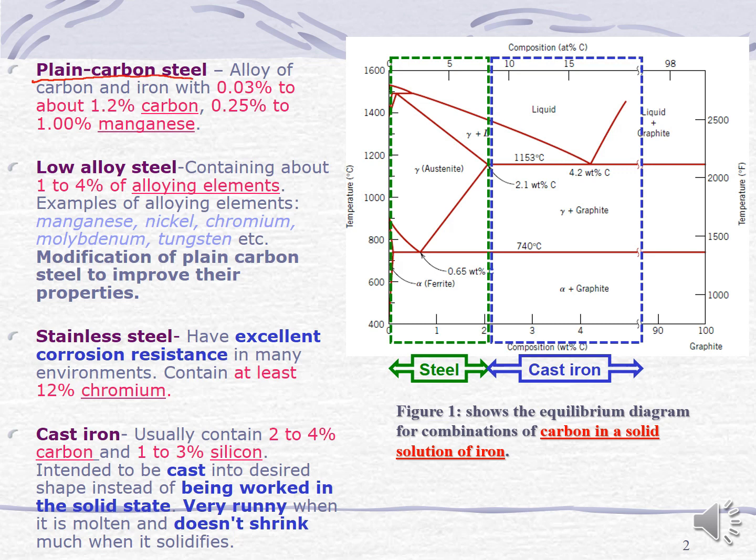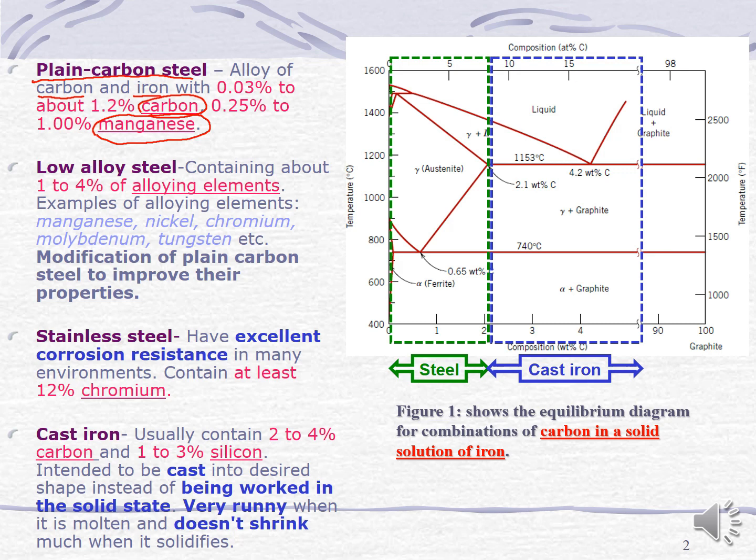Plain carbon steel is an alloy of carbon and iron with 0.03% to 1.2% carbon, and 0.25 to 1% of manganese. That is the only component in the plain carbon steel.